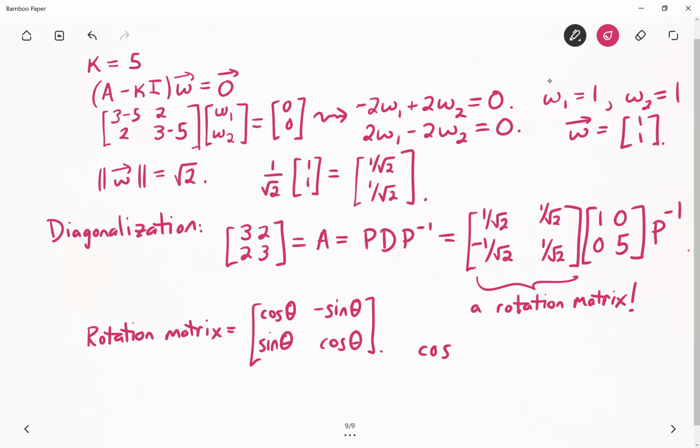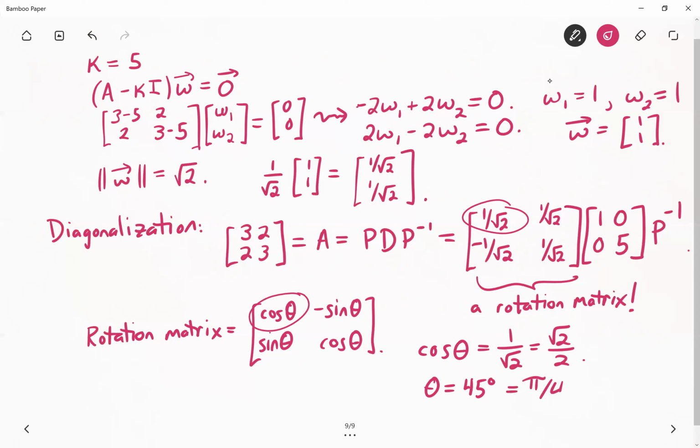So let's say cosine theta, looking at this top left entry, equals 1 over radical 2, also known as rad 2 over 2. Now, what angle has this as its rotation? Sure enough, theta is going to be 45 degrees, or pi over 4 radians if you prefer.